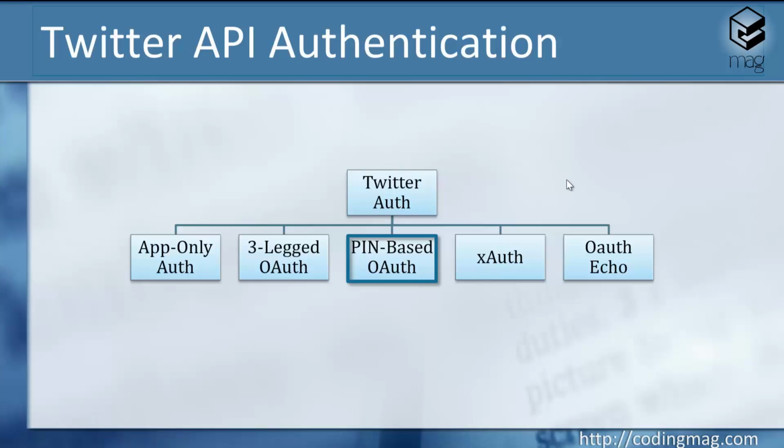But in that page, instead of getting redirected back to your callback URL, he receives a PIN code, and he copies it or types it into your application, and then your application sends it back to Twitter. That way Twitter will know that the user is authenticated. So this is mostly for console or Windows applications. The two remaining are XAuth and OAuth Echo. You can go to the Twitter developer site and check out what they mean. I will not lose time on them.